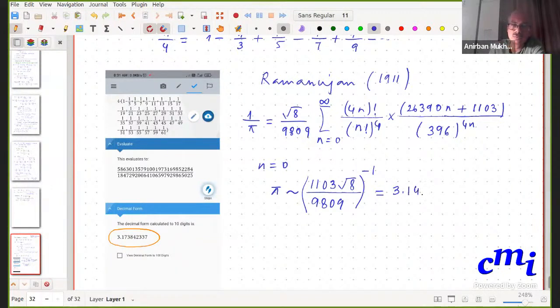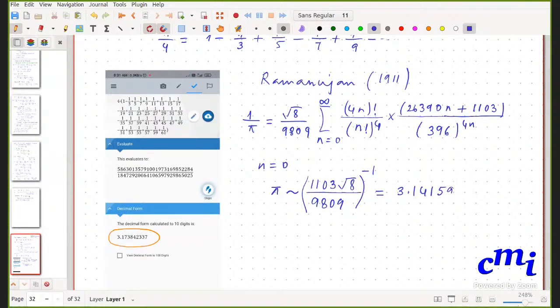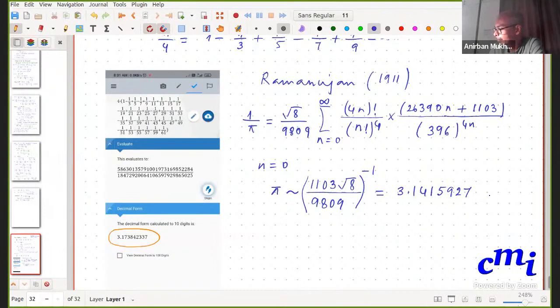If you calculate, this is going to be 3.1415927300 113, etc. That's going to be the decimal expansion, and this is correct up to 5 decimal digits.